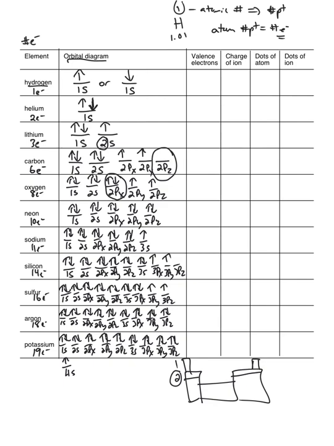Neon has got 10 electrons, and it fills the 1s, the 2s, and all 3 2p orbitals. And now we have filled the second floor, and that's why neon again is a noble gas. You'll start noticing a common theme. The noble gases will always completely fill the floor that they are on.